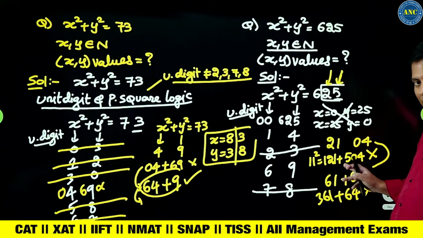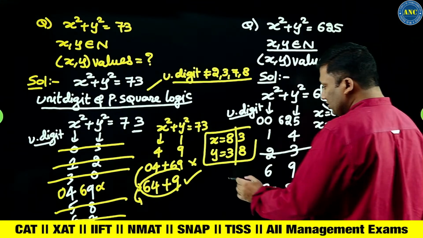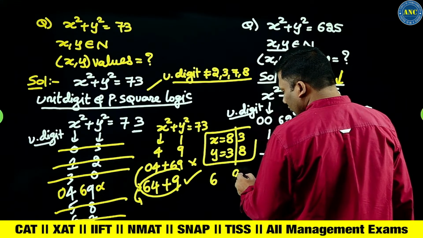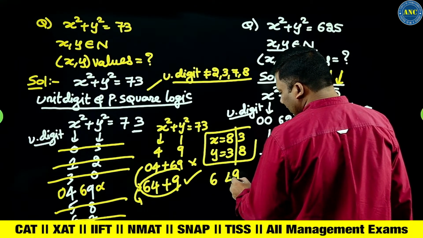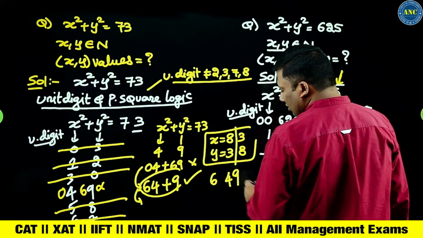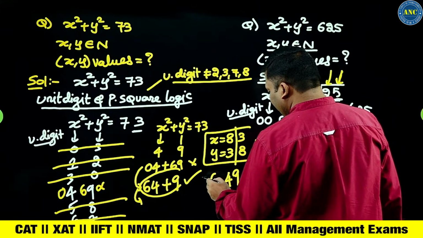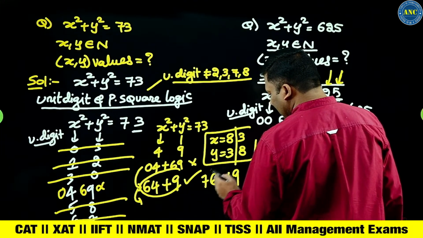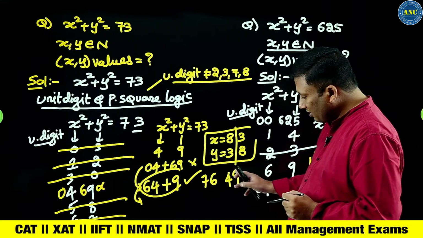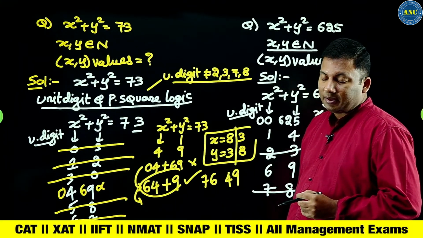Like that you have to take the cases. If it is 6 plus 9, if it is 49, 6 plus 9 is 15, so this will work. If it is 76, 7 plus 6 is 13, 8 plus 4 is 12.